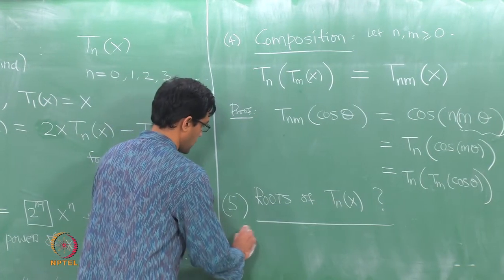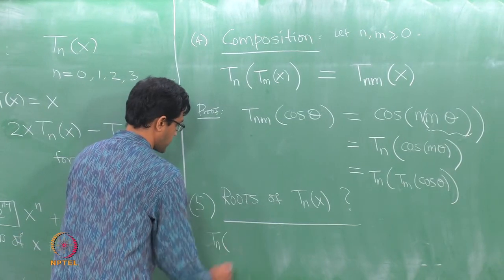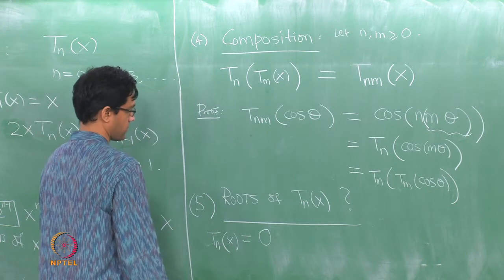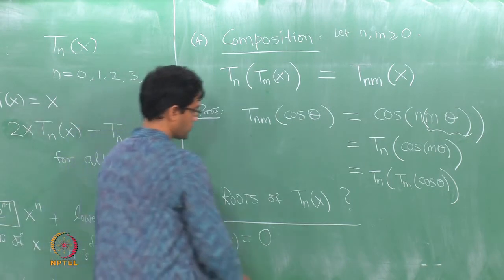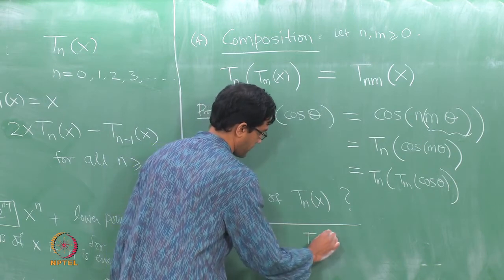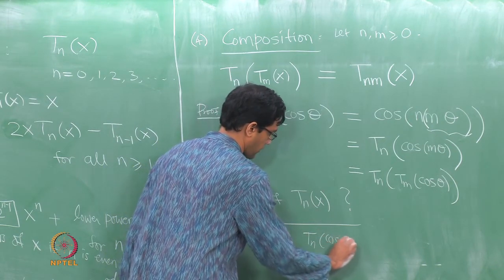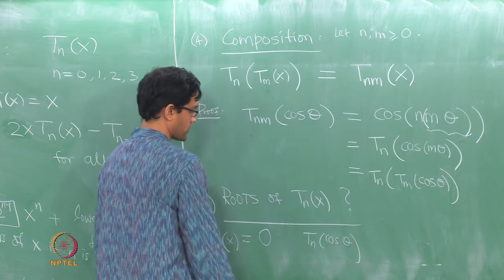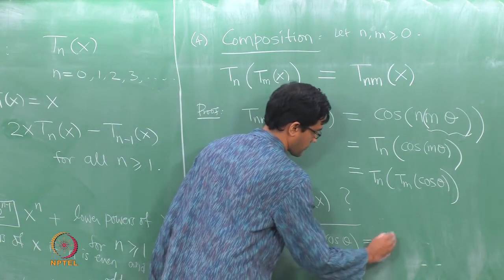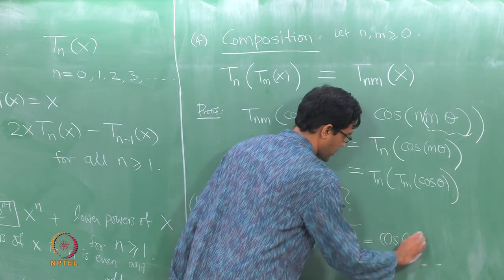So if I want to find x for which Tn of x is 0, what does that tell me about x? As usual, let's plug in x equals cos theta. That gives us a natural handle on the problem. If you think of x as cos theta, Tn of cos theta, let's compute it. We know by definition it's cosine of n theta.